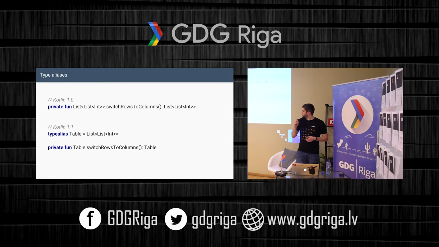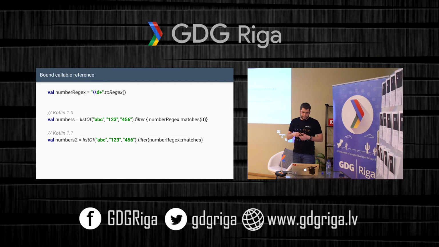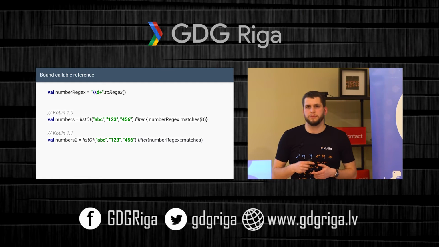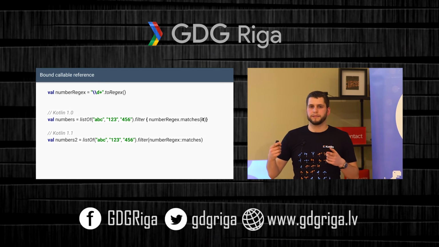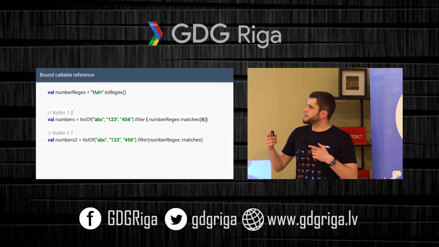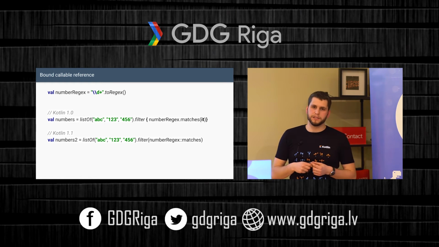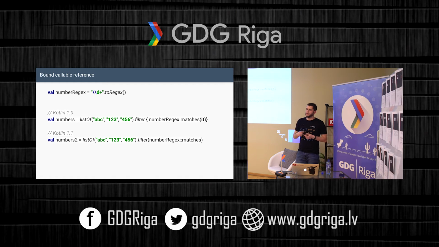Next feature that we have, bound callable reference. So in Java 8 at least, we have the method references, which can reference only static methods, if I remember correctly. And same stuff was in Kotlin. You had the references for functions that are outside of the class.